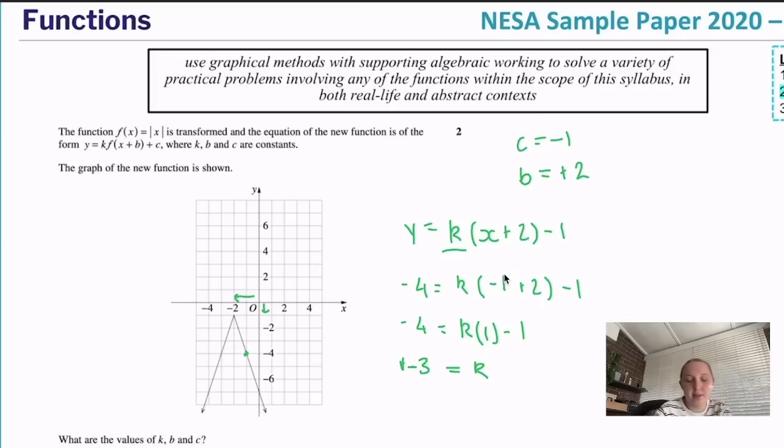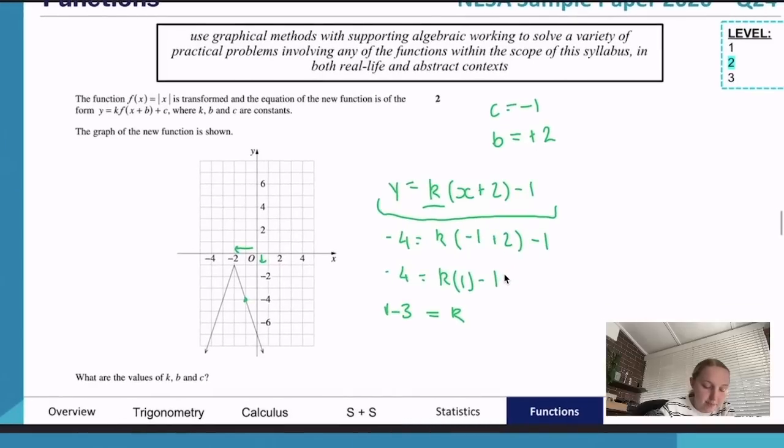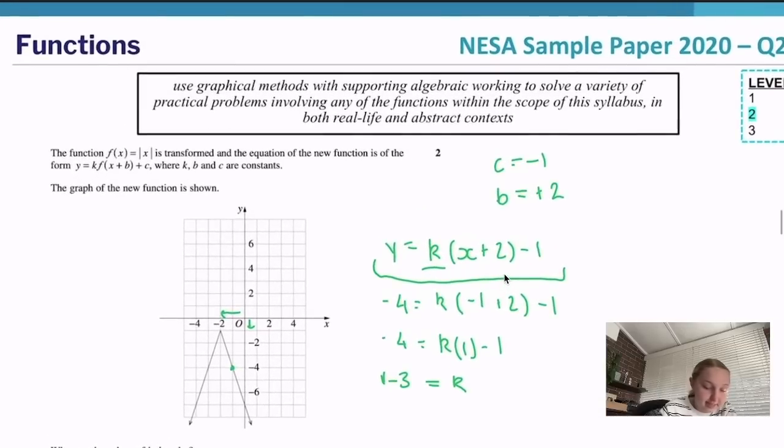What we need to do is sub that back into this equation. Actually, no, we don't even need to sub that back into the equation. We can just say that k is equal to minus 3, b is equal to plus 2, and c is equal to minus 1. Okay, because all it's asking is to find the values of k, b, and c.